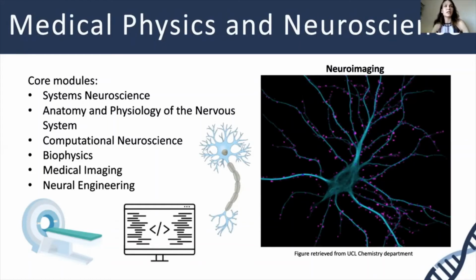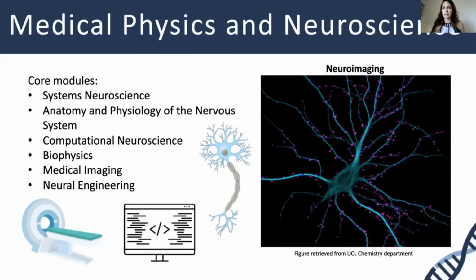But very briefly, you'll learn about the basic anatomy of the nervous system, so how the different parts of the brain function together, what the different brain areas are, and then you can also go into more computational aspects of it, which will lead us onto some of the applications that I'll talk about. The image here is an image of a single neuron. So we saw that we could do imaging of our whole human body, but as well as doing that on a large scale, you can do imaging on a very small scale, looking at single neurons like you can see on the slide.